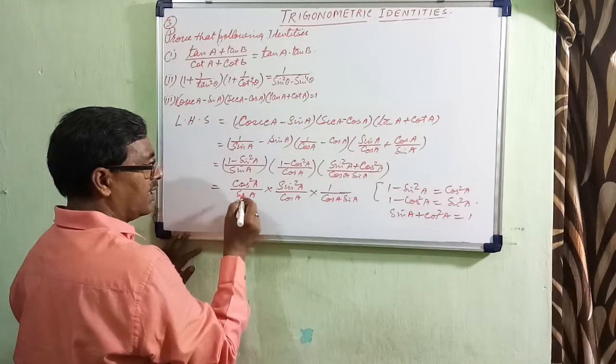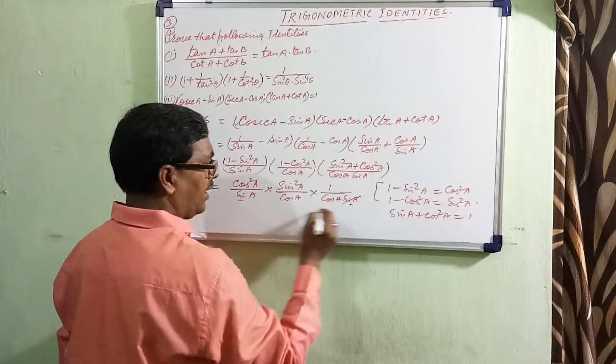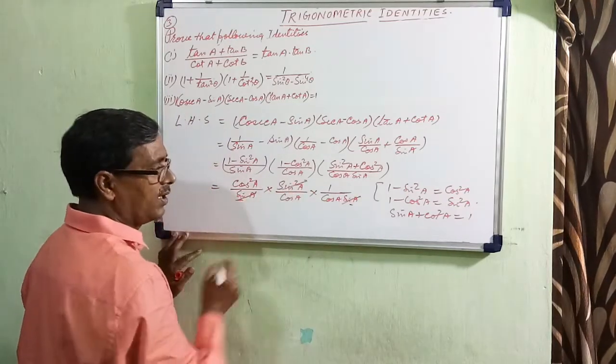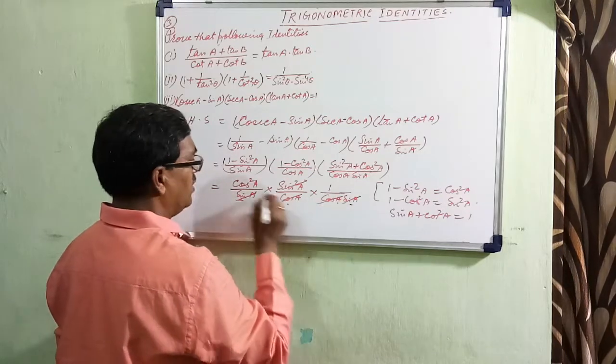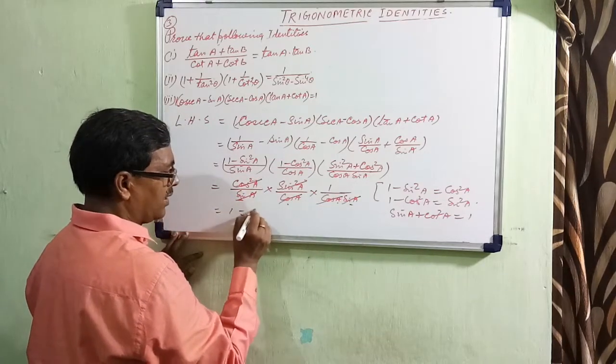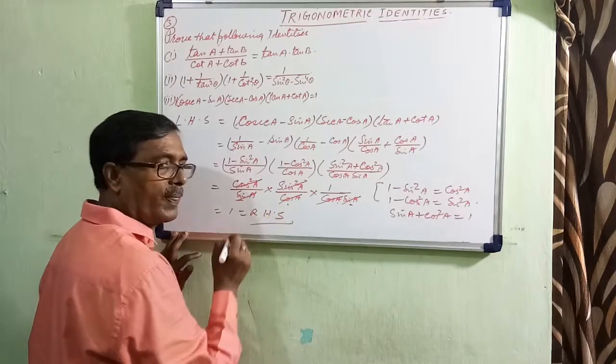Now look here, sine A cancels with sine square A, cos A cancels with cos square A, and that is your RHS.